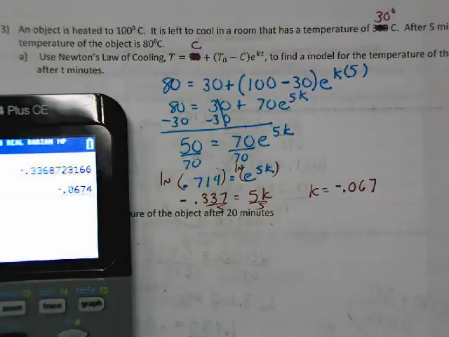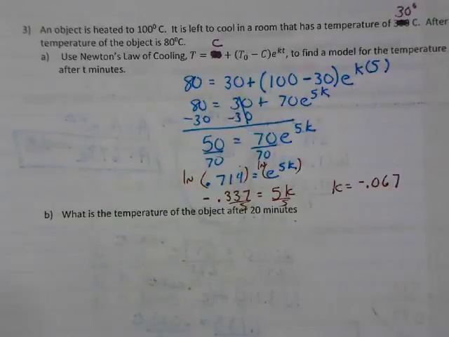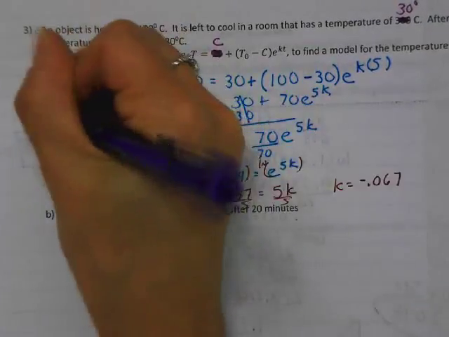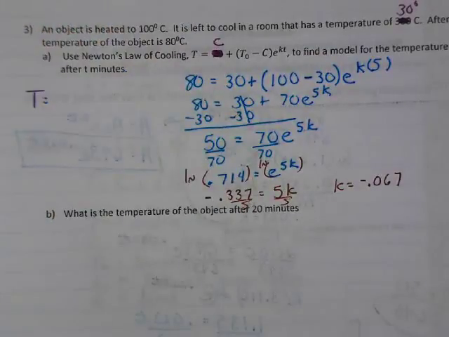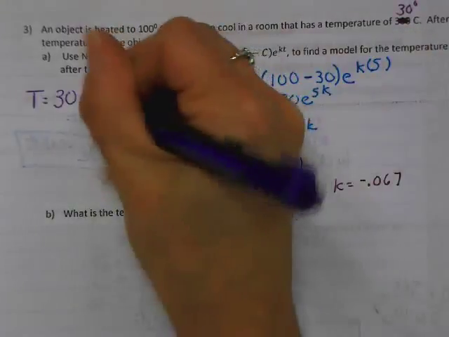Alrighty. Okay, so now go and write your general formula. So I know that this was my general formula for any temperature. My constant temperature of the atmosphere is 30, plus my original temperature was 100, minus 30, e to the negative 0.067 t.